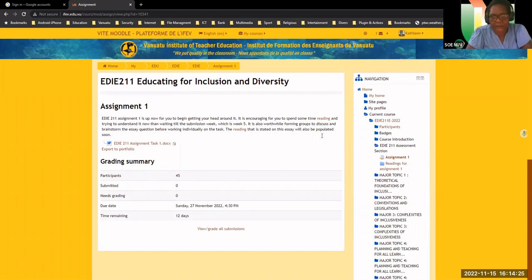Part B, with reference to the following documents. These documents are also being populated into Moodle: the Universal Declaration of Human Rights, the United Nations Convention on the Rights of People with Disability, the Salamanca Statement, Vanuatu 2030 People's Plan, National Sustainable Development Plan 2016 to 2030, and the Inclusive Education Policy.